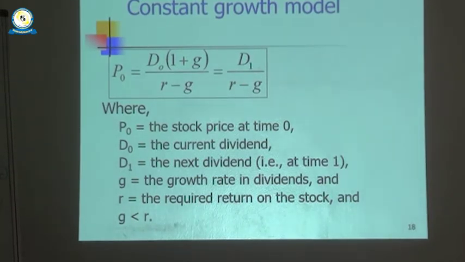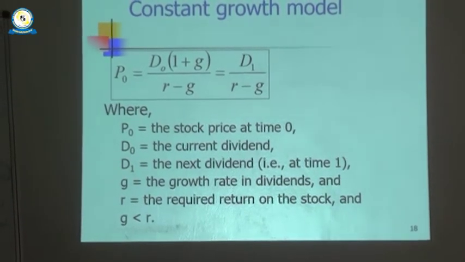But sometimes you will not be given expected dividend. Instead, you will be given current dividend. If you are given current dividend, then it means that in most cases you will be given expected dividend.